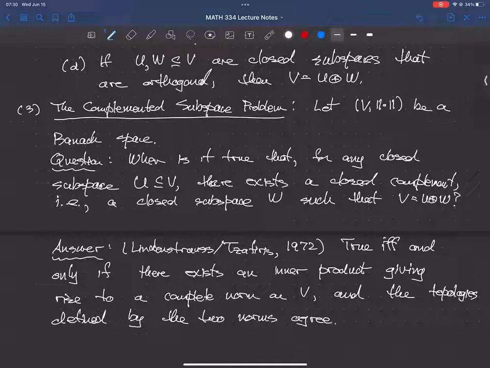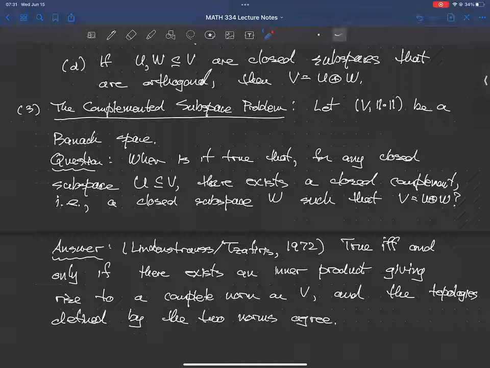Okay, so let me say this hopefully more clearly than I just did. So I already have a norm on my vector space. Okay. What I'm saying is that the normed vector space has this complemented subspace property. So every closed subspace has a closed complement if and only if, morally, the normed vector space is an inner product space.